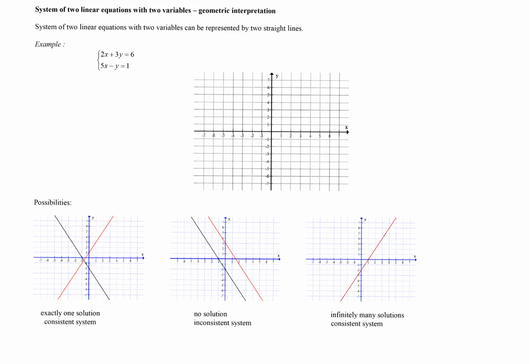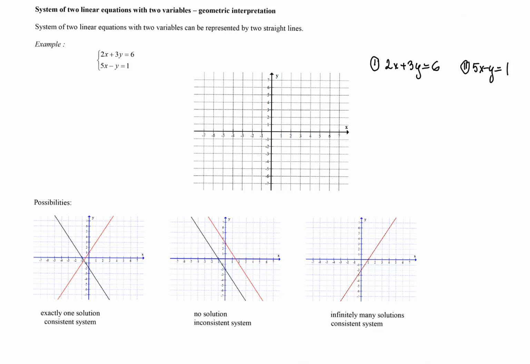For example, in the given system with equations 2x plus 3y is equal to 6 and 5x minus y is equal to 1, we can identify the first equation with the line 2x plus 3y equals 6, and the second equation with the line 5x minus y is equal to 1. We can graph each of these lines in the coordinate plane.